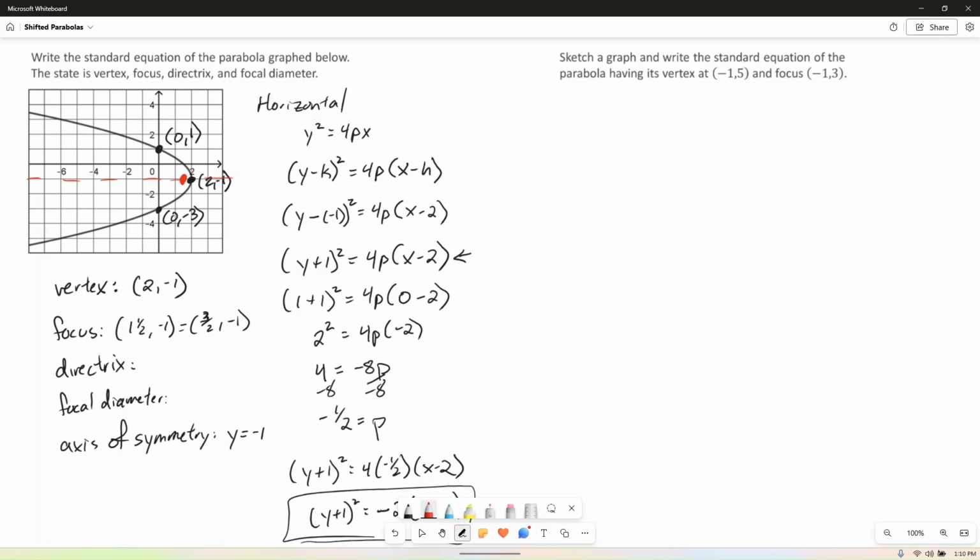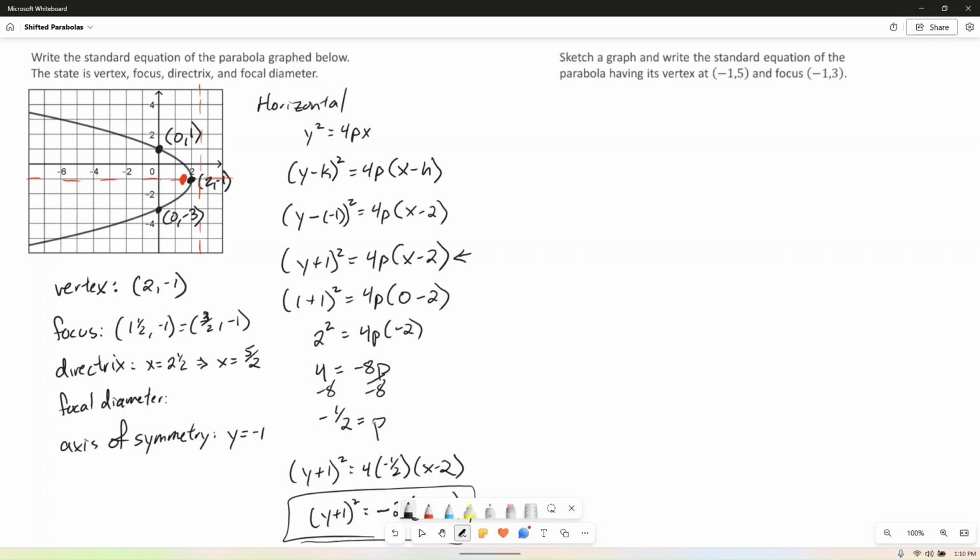The directrix is the same distance away, but in the opposite direction. So we're going to travel 1/2 of a unit to the right of the vertex. If the vertex is at (2, -1), then that means the directrix is at x = 2.5, or you could rewrite that as x = 5/2.